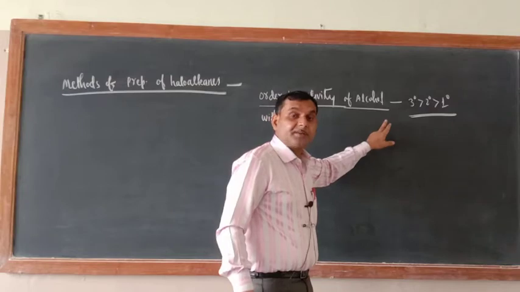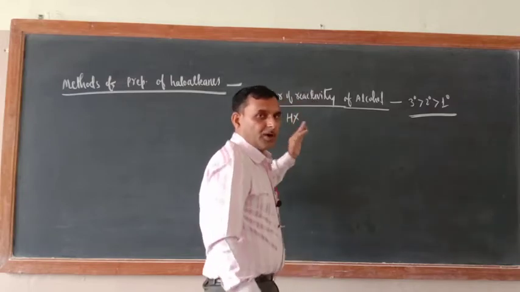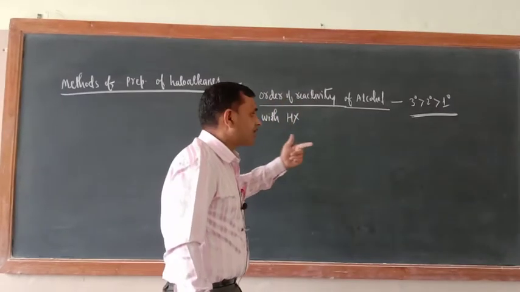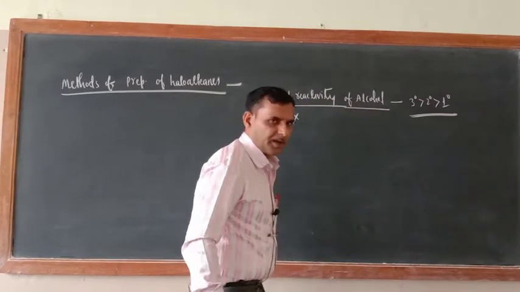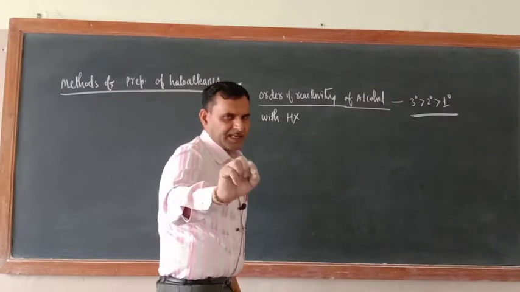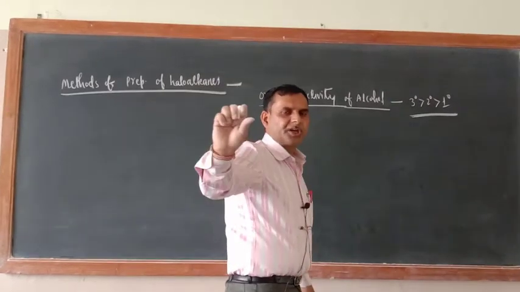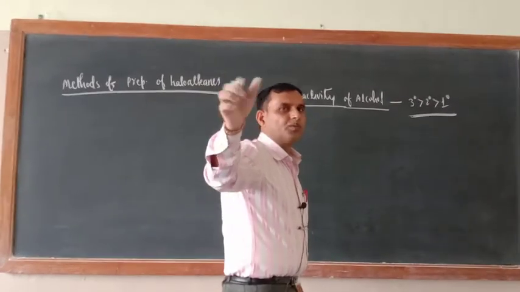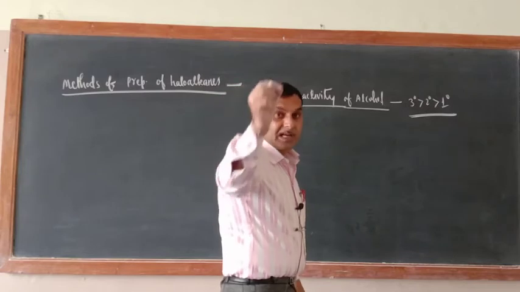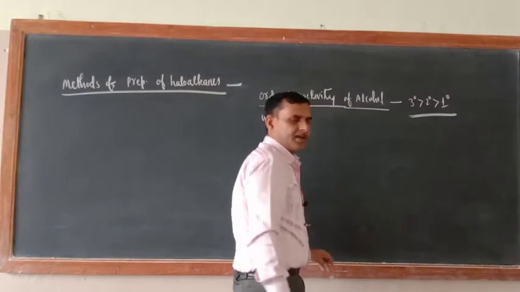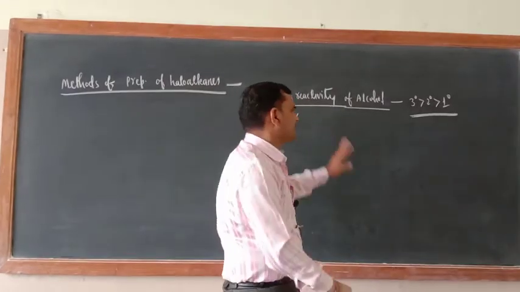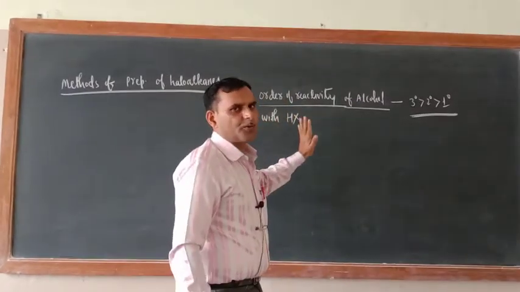That much is the reactivity of 3 degree alcohol. Now the question arises, why is 3 degree alcohol more reactive than 2 degree, and 2 degree more reactive than 1 degree? We'll explain. So please make the correction: where I wrote the 3 degree alcohol reaction, remove the ZnCl2, that should not be there when 3 degree alcohol reacts with HCl. In the rest of the cases, 1 degree and 2 degree, it is required.